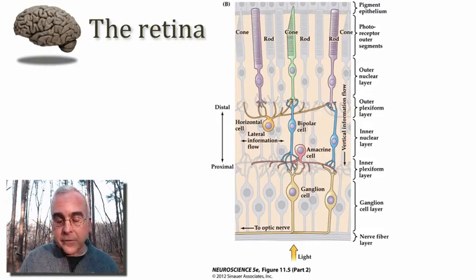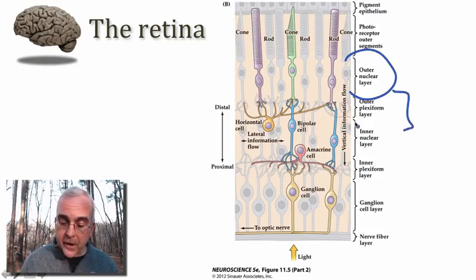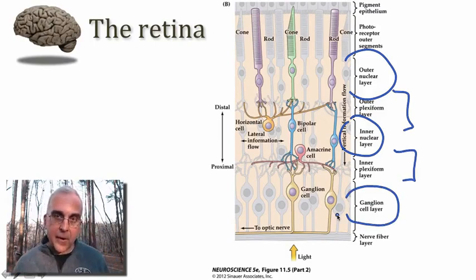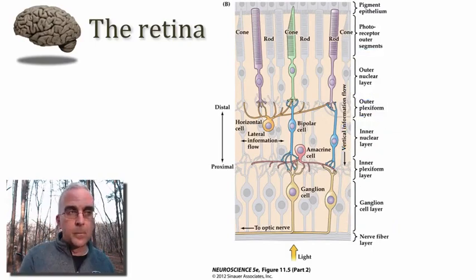So I want you to notice that in the histology of the retina, we have this alternating nuclear layer, plexiform layer, nuclear layer, plexiform layer, and then really another nuclear layer that we call the ganglion cell layer. And it's here that we find our 5 principal cells and their connections.